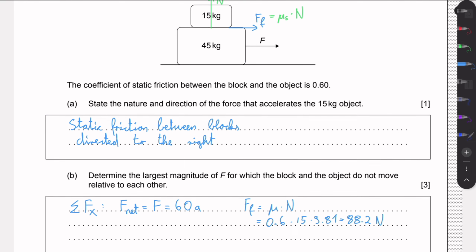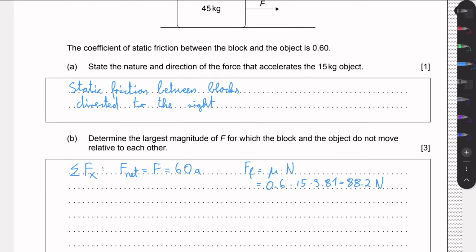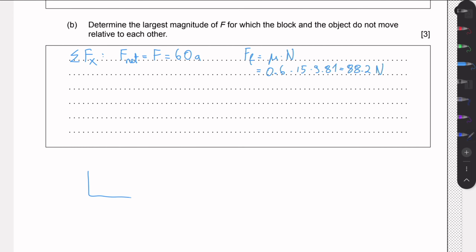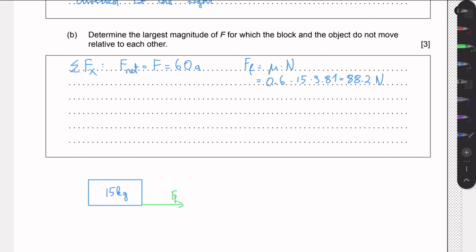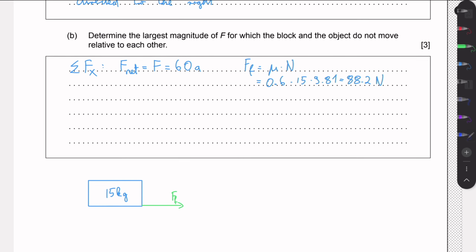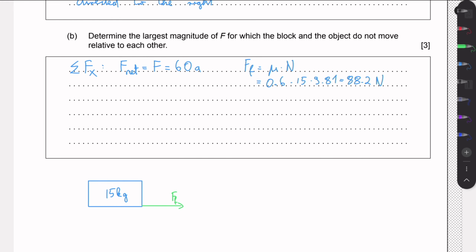Here we need to somewhat separate these two objects. So if we just think about this object at the top of 15 kilograms, and draw the free body diagram of this, then in the vertical direction we will have obviously the weight force and the normal force, but those cancel each other out anyways, and we don't really care about the vertical direction at the moment, so I'll only draw this frictional force.